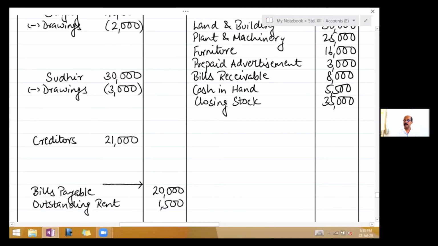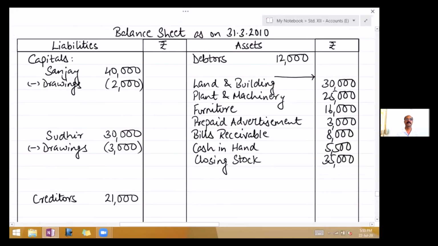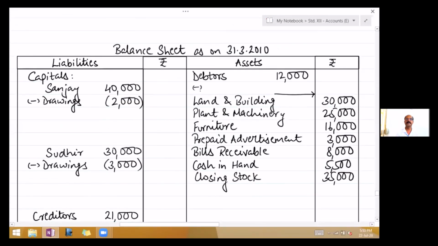Next, write off 2,000 for further bad debts. Deduct from debtors, bad debts 2,000. Outer column, debtors will be 10,000.